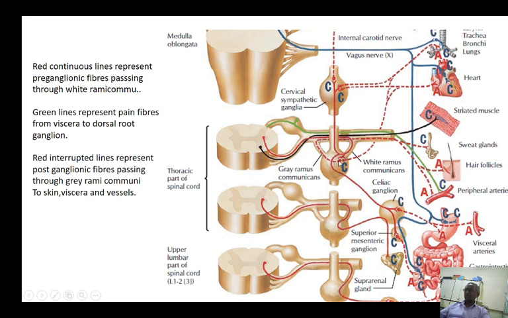From there, after synapse, we are seeing the postganglionic fibers going through the gray rami communicants and reaching the viscera as well as the skin, the heart, lungs, everywhere. Postganglionic fibers, after synapse in the sympathetic ganglia.